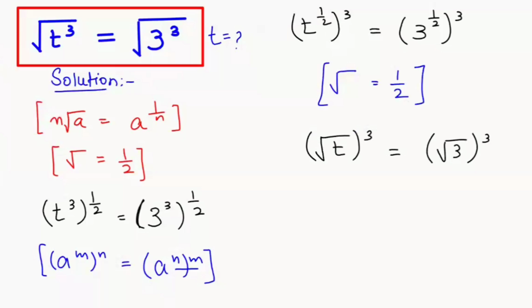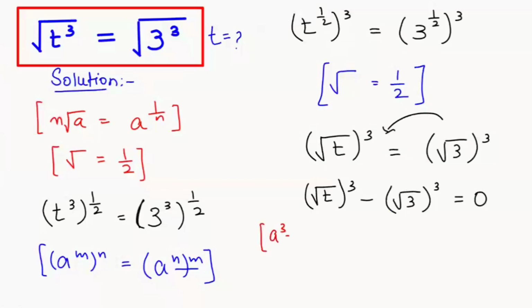Next, I will take this (root of 3) to the power of 3 to the left hand side: (root of t) to the power of 3 minus (root of 3) to the power of 3. Now I apply the algebraic identity, that is, a cubed minus b cubed can be written as (a minus b)(a squared plus ab plus b squared).